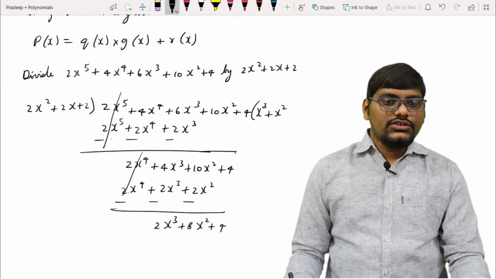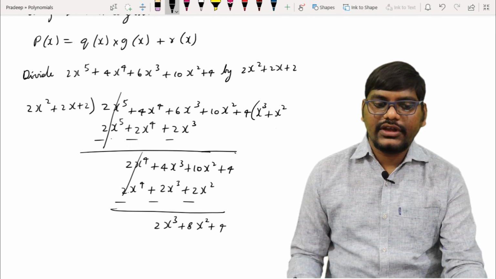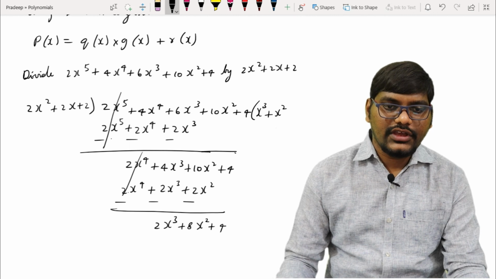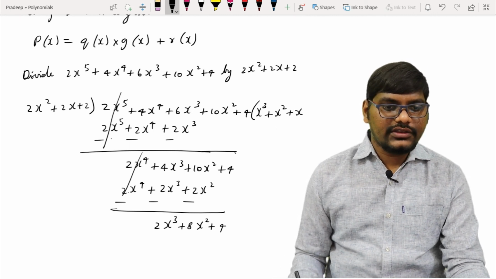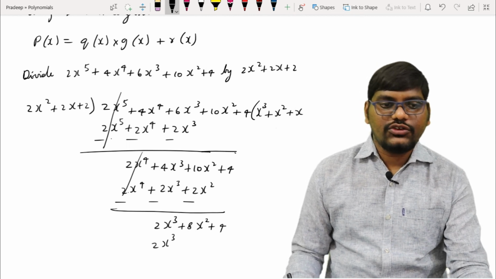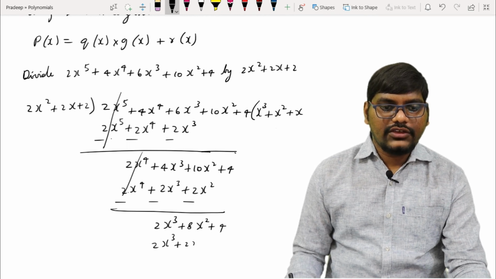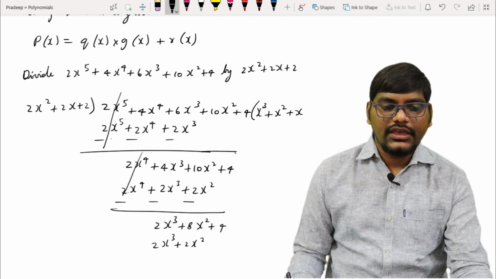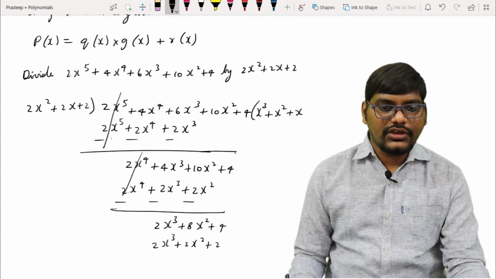Here it is x cube, here x square, so what we can take over here is plus x. If we multiply 2x square with x, we get 2x cube, and 2x into x is 2x square. Next, 2 into x gives 2x.